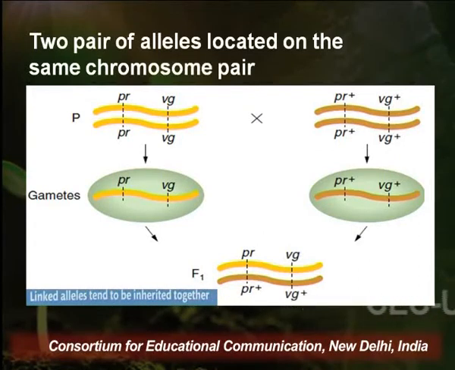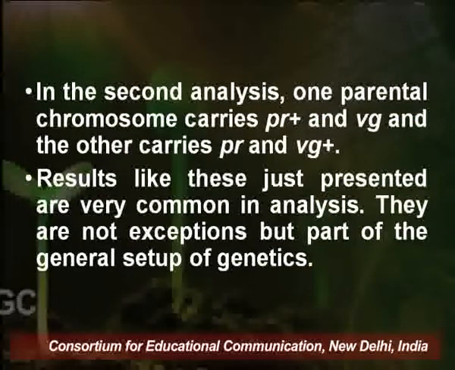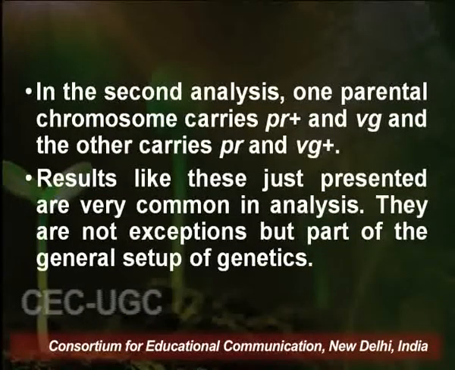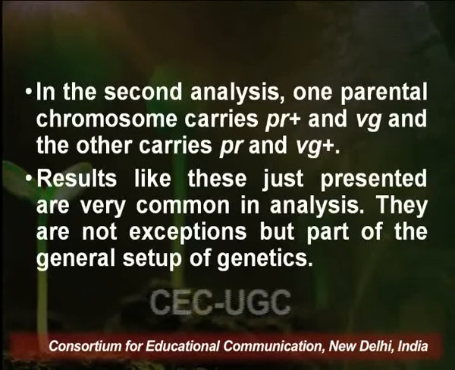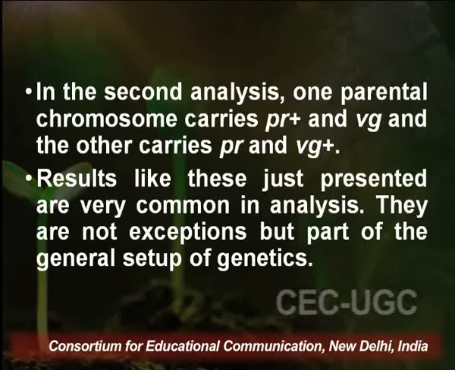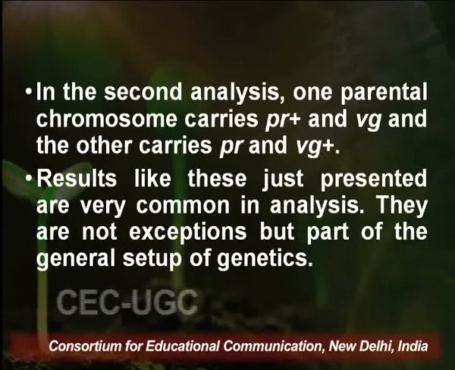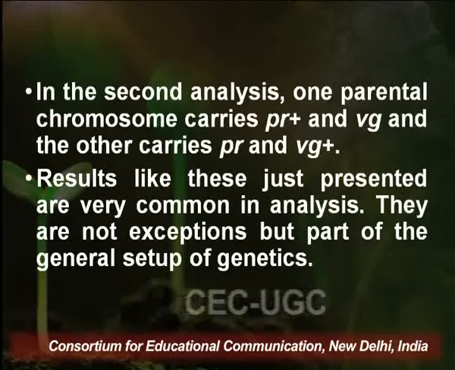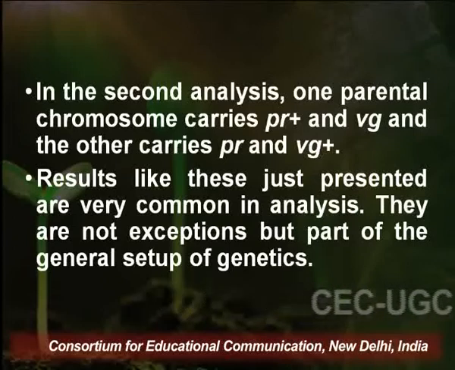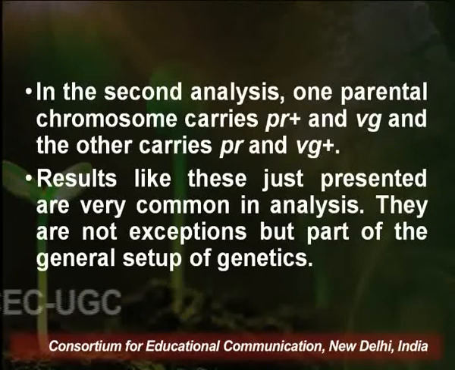So that means we are heading towards the discovery of linkage. In the second analysis with the female parent that Morgan had made, he also presented a very common type of analysis, and that is one parental chromosome carries pr+ and vg, and the other one carries pr and vg+, because we started it that way.